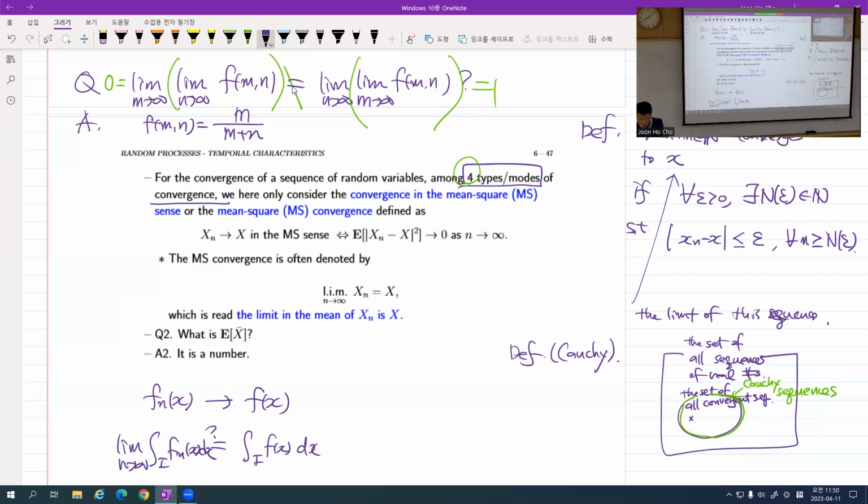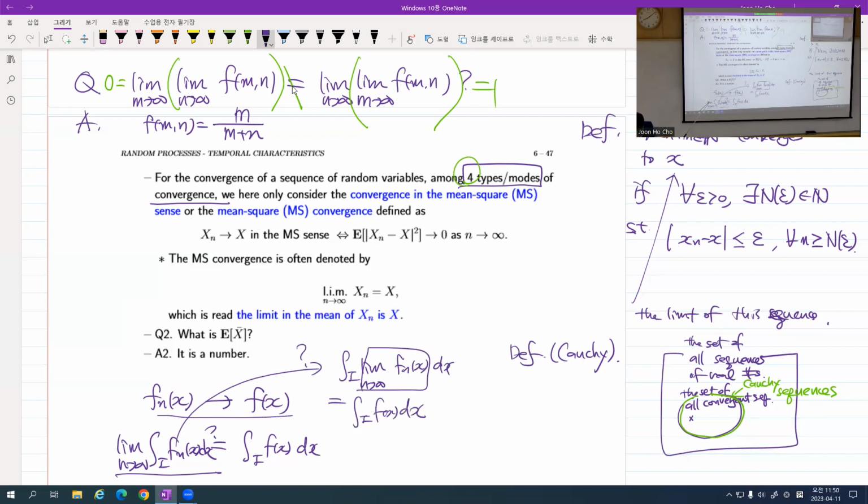Your answer is that, in general, they are different, because integration is a limit operator, similar to that one. And here, what you have done is this one. So here you change, without feeling guilty, the order of two limits. And you may say that, hey, this is f of x. Got it.